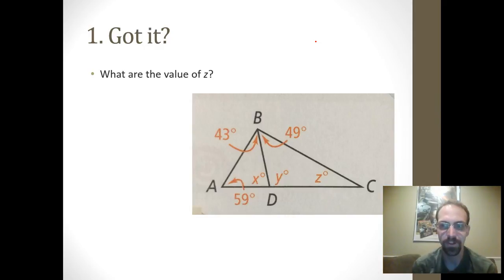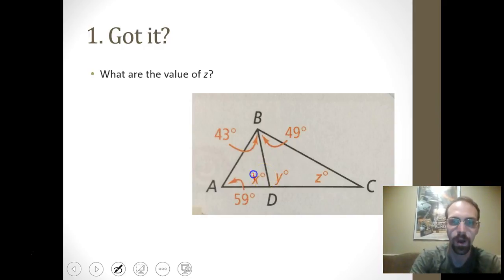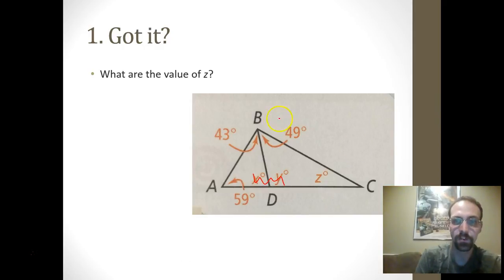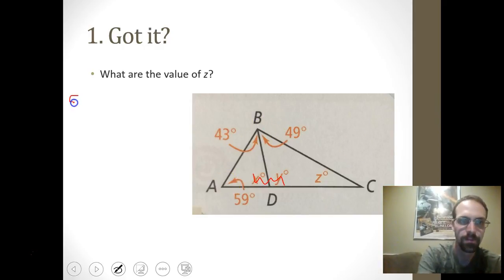I'm going to assume my yawning was enough time for you guys to get the value of z. So with the value of z, you actually know a lot of the degrees of the big triangle. We actually don't need x or y. You can do it without it. We can take the big triangle, so 59 plus 43 plus 49 plus z, and that should equal 180.